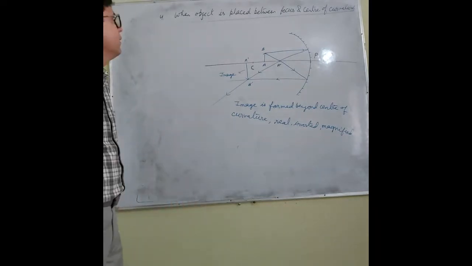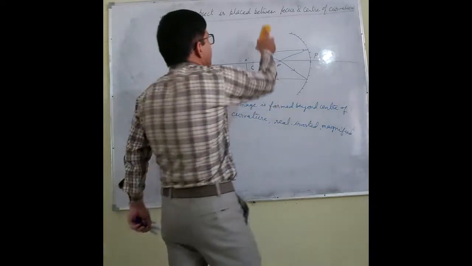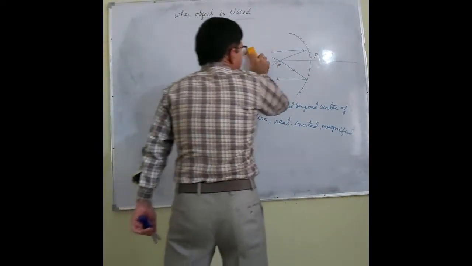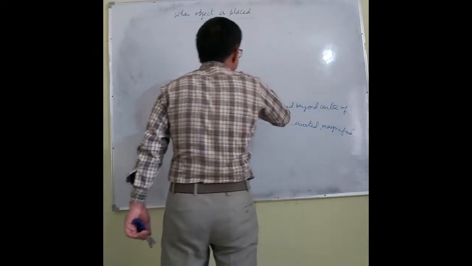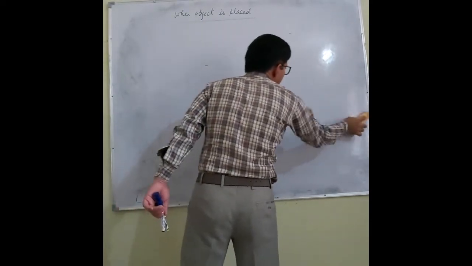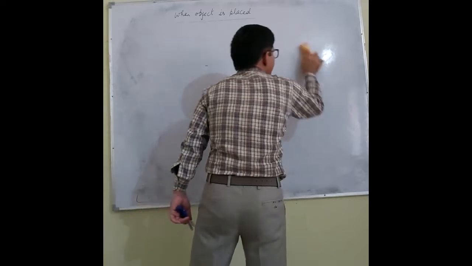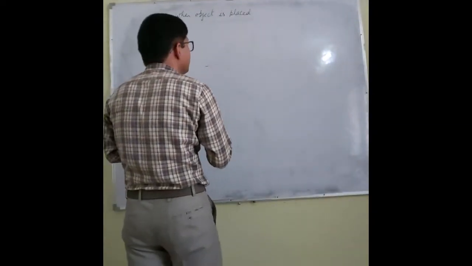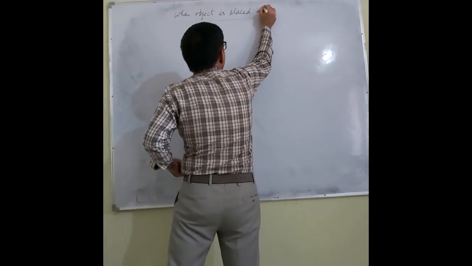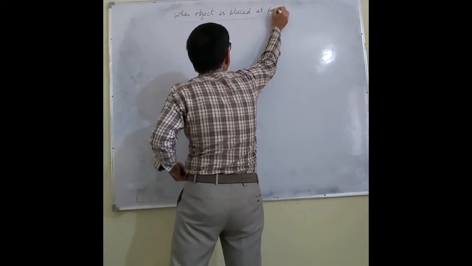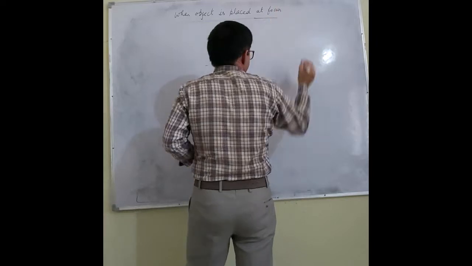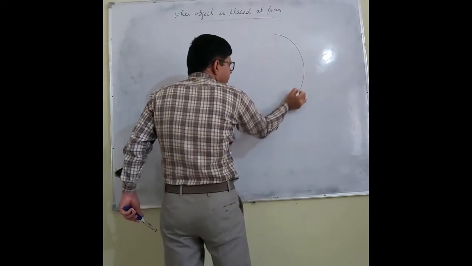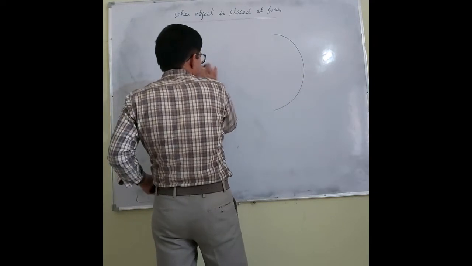Next is when the object is placed at focus. The fifth point is what happens if we place the object at focus, or principal focus. Listen, let us say this is a concave mirror.